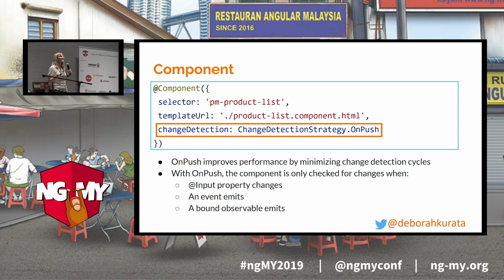But the thing that's important for this discussion is you can also use onPush if your binding is to an observable that's going to be emitting values, because then every single time a new value is emitted, the onPush change detection will pick that up and update your UI. So you can get the performance benefits of onPush, but use a declarative approach for your code.